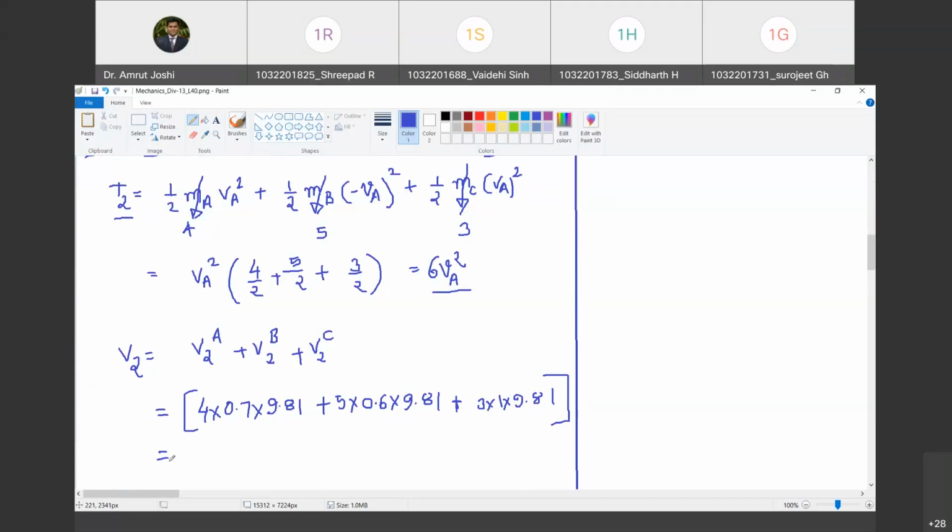So let us try to find out how much it is. 4 into 0.7 into 9.81 plus 5 into 0.6 into 9.81 plus 3 into 1 into 9.81. So that turns out to be 316.2645.